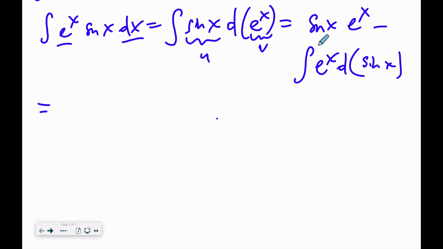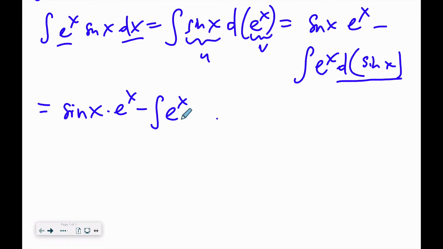So we have sin x times e^x minus the integral of e^x, and then what is this d sin x? It means the derivative of sin x, which is cos x dx. So this d sin x becomes cos x dx. I hope you know this because the derivative of sin x is cos x.